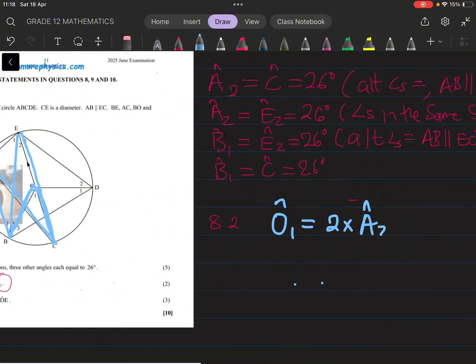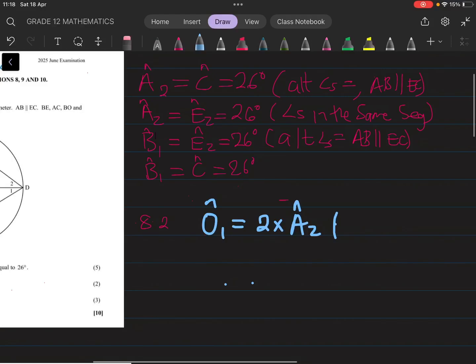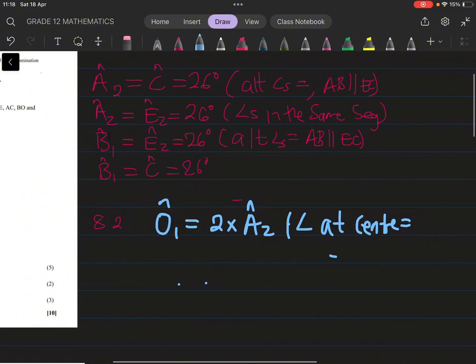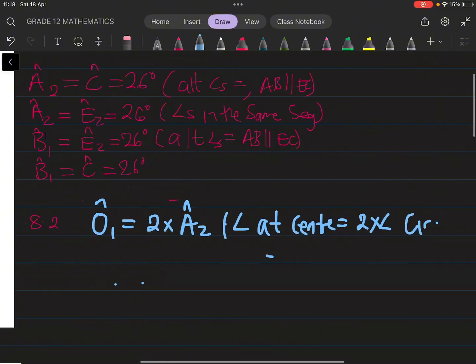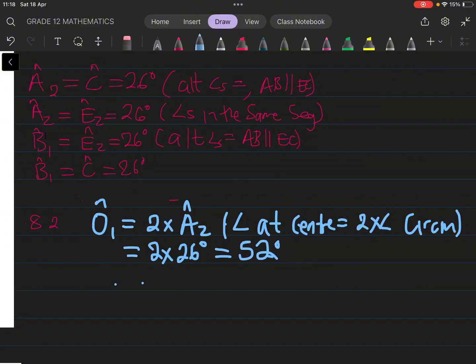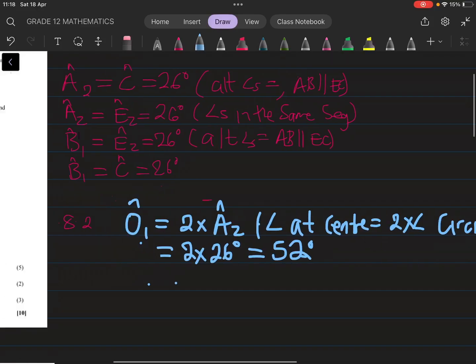You can say A2, then your reason in that case will be angle at center is equal to 2 times angle at the circumference. Right, then that will be equal to 2 times 26 degrees. That will give you 52 degrees.